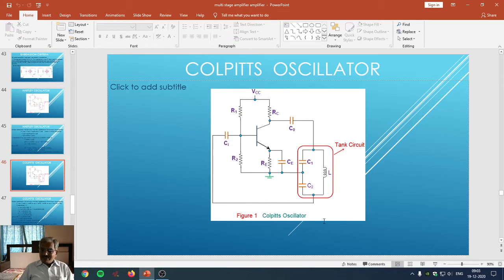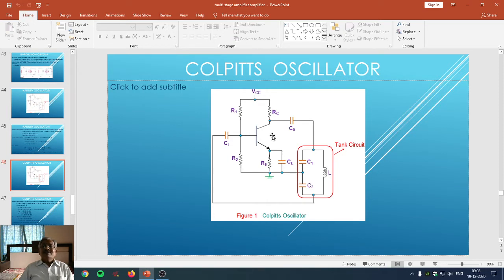Such a Colpitts oscillator consists of a transistor in common emitter configuration. That is, the emitter is common for input as well as output.